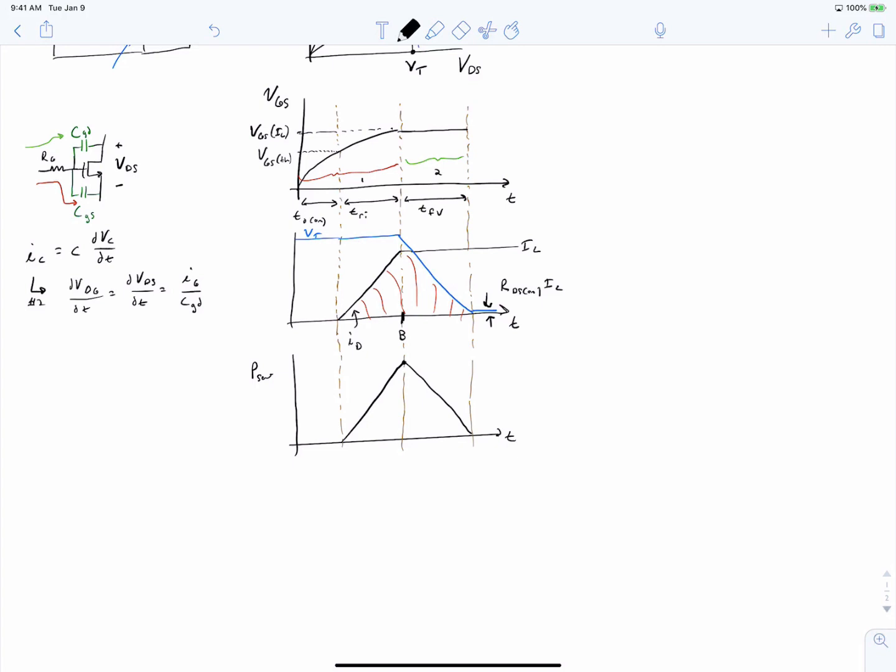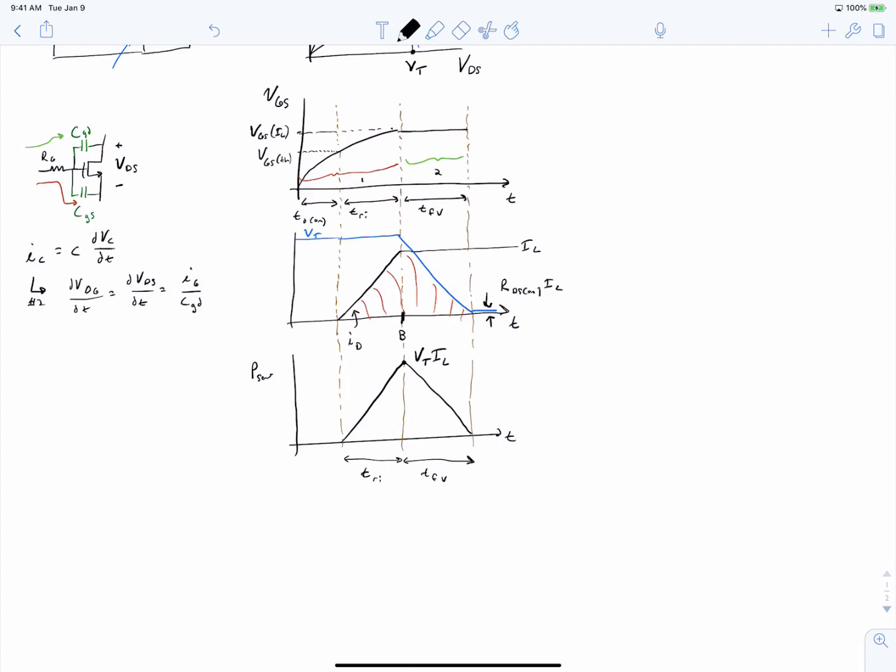And clearly the peak of this triangle is going to be the product of these two curves up above. So it is going to be VT times IL. And the width of it is dependent on the current rise time and the voltage fall time.